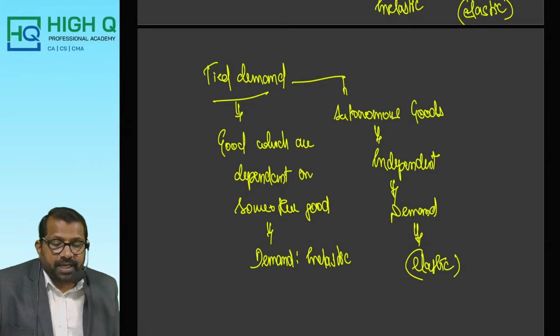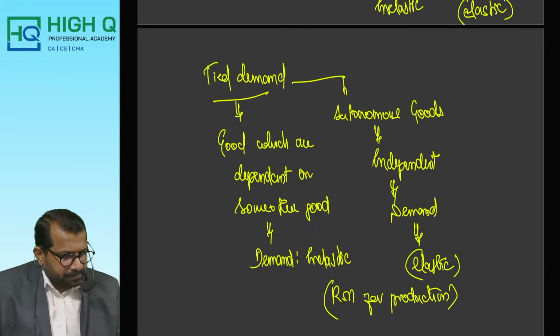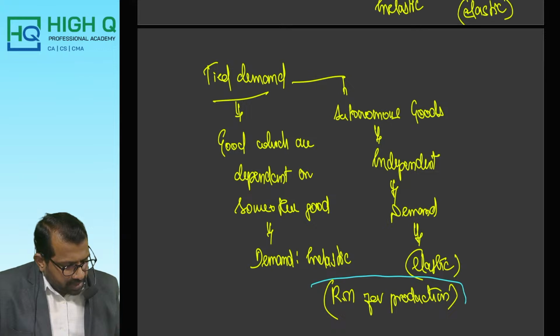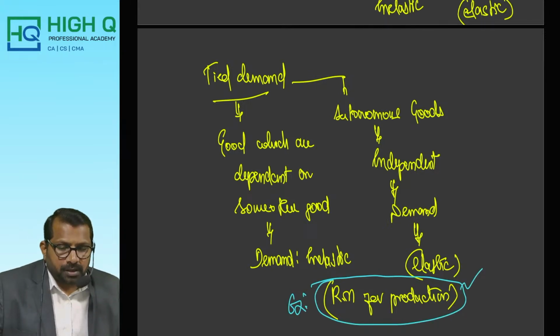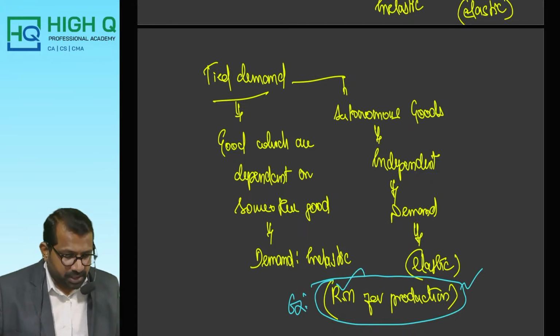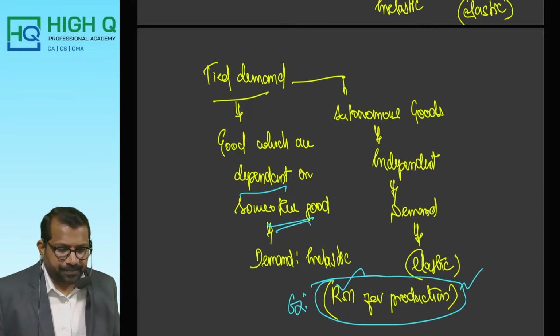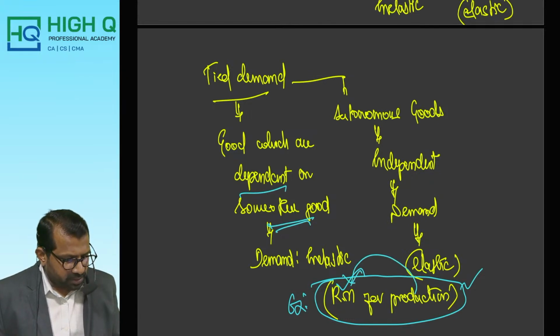For example, raw material is required for production. To carry out a good amount of production, raw materials are required, so they are dependent on some other goods. Production can only proceed with the help of raw materials.